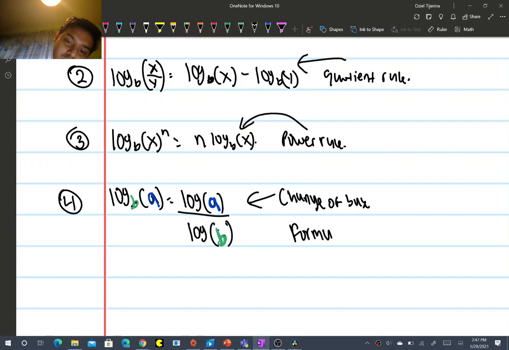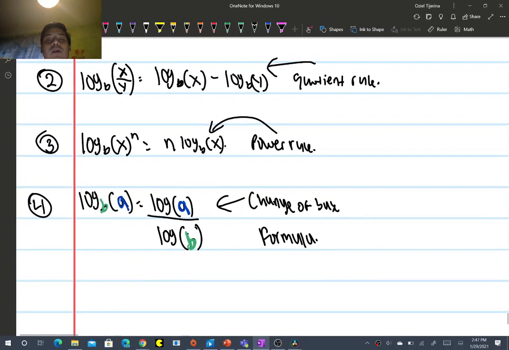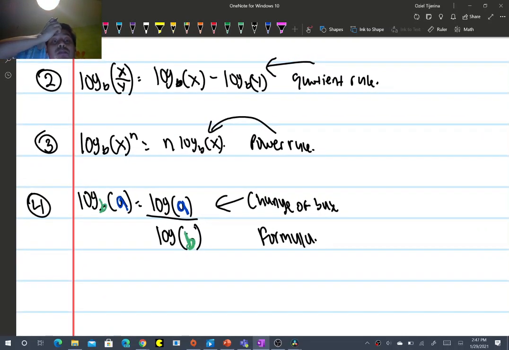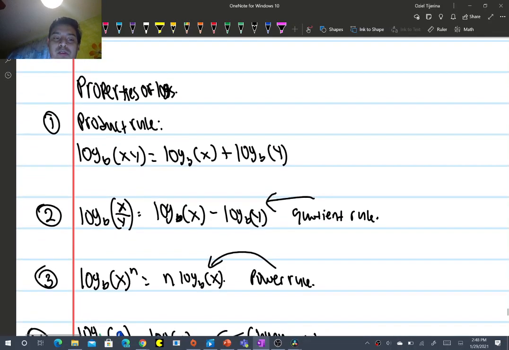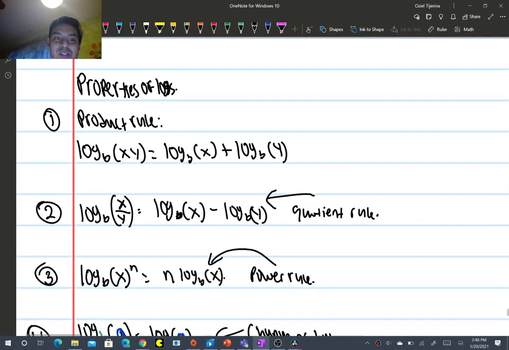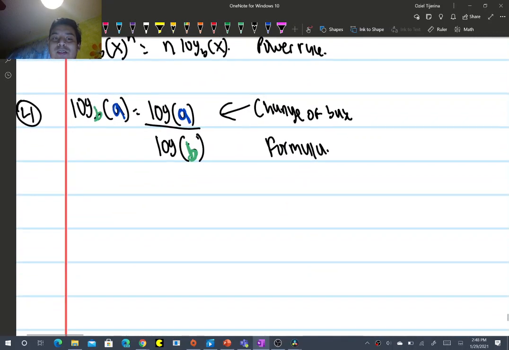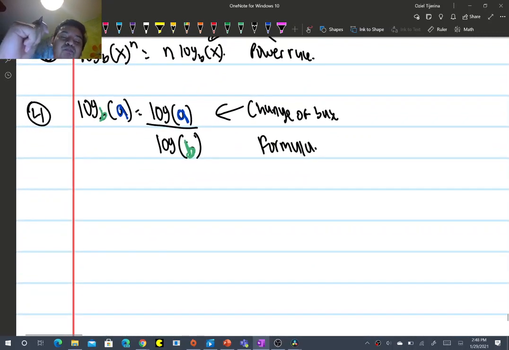Okay, so this just means that when we have a log that is a little bit difficult, you can use this for any log. However, there are some logs that are easier to do with other rules. It just depends on what is given to you, basically.